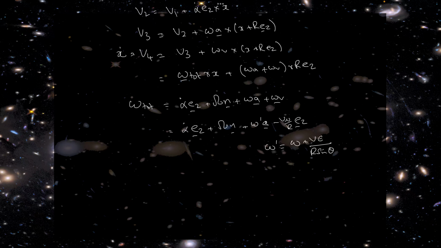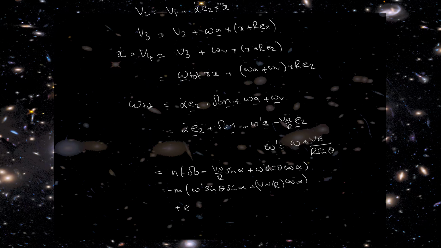So that's equal to n times omega minus Vn over r sine alpha plus omega primed sine theta cos alpha minus m times omega prime sine theta sine alpha plus Vn over r times cos alpha plus Ez times alpha dot plus omega primed times cos theta.